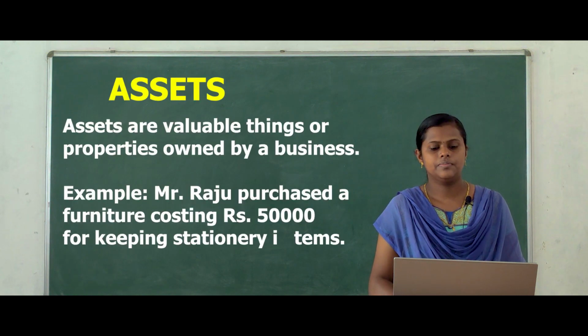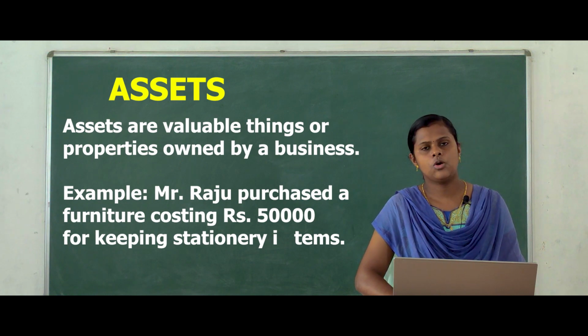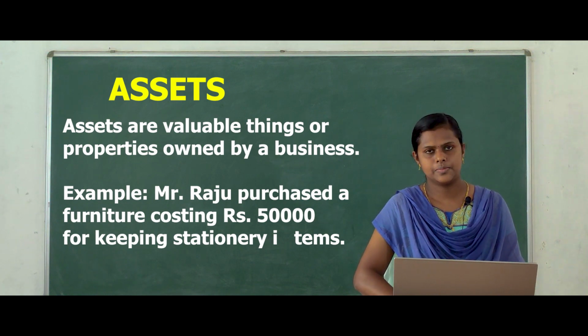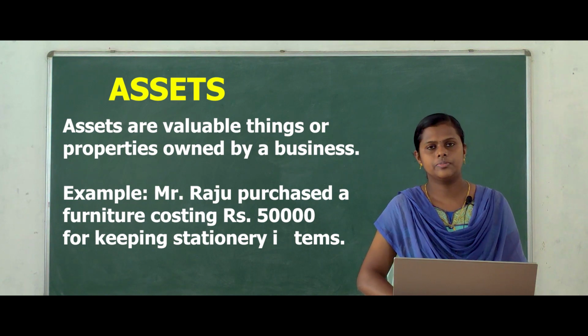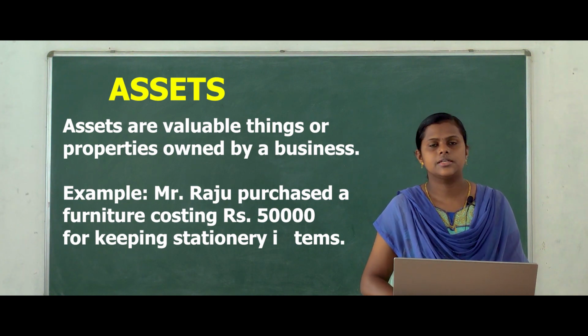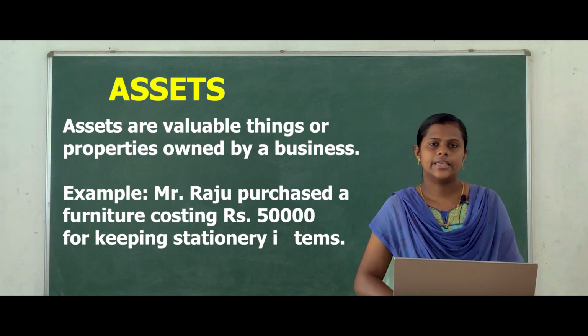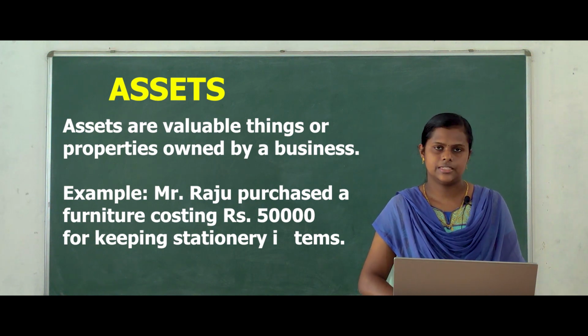The next term, assets. Assets are the valuable things or properties owned by a business. Assets are the valuable properties owned by a business. For example, in the case of stationery shop, Mr. Raju purchased a furniture costing rupees 50,000 for keeping the stationery items.